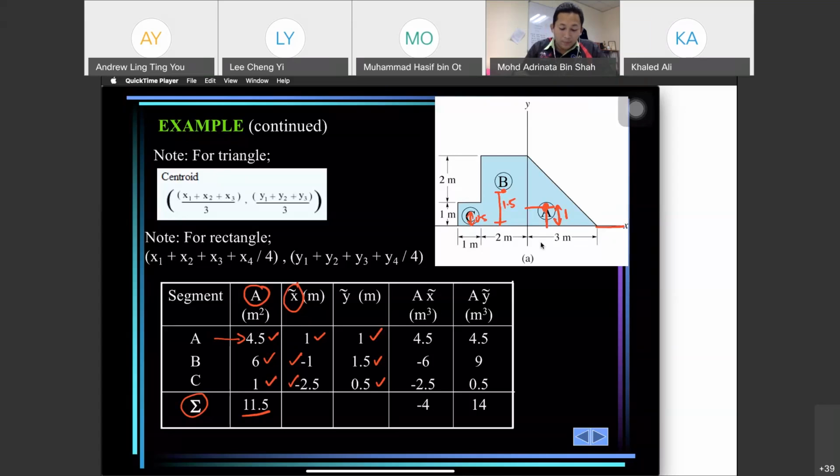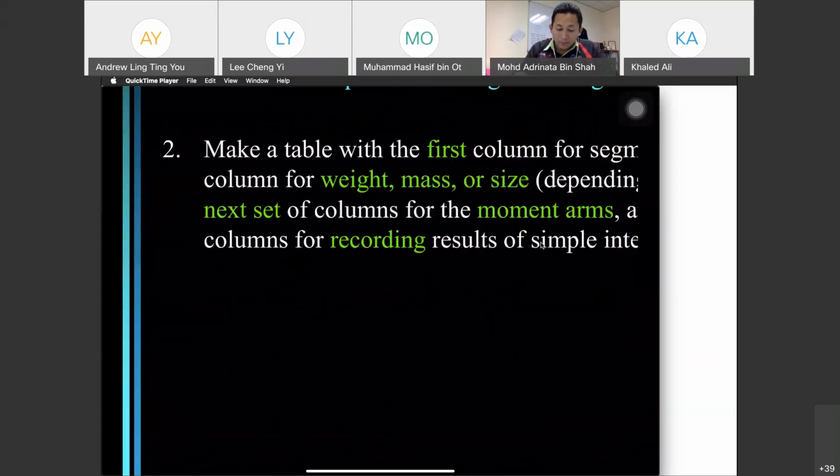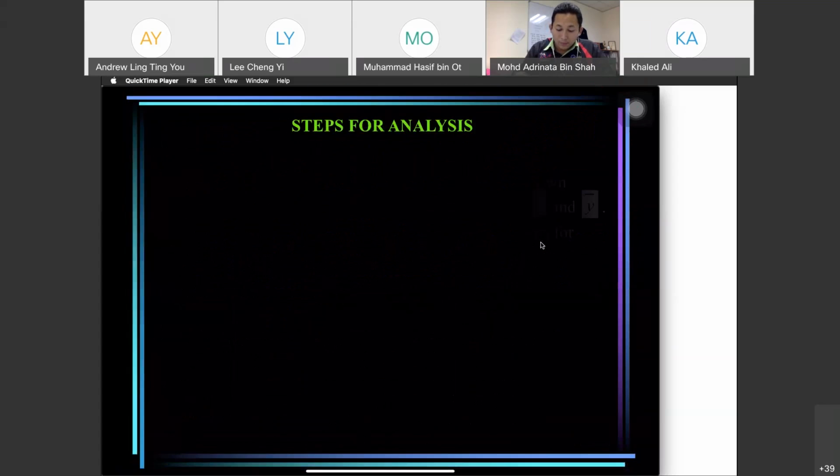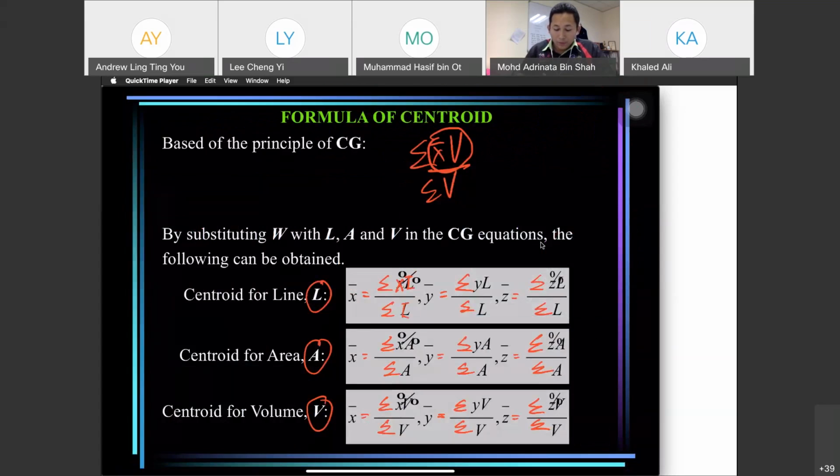So from the equation of area, we have summation of A x bar divided by summation of A. So we need to calculate this one.